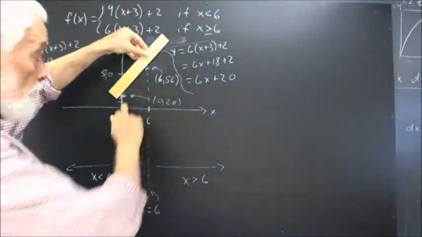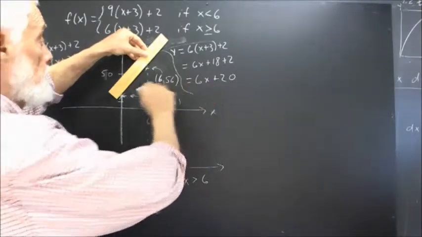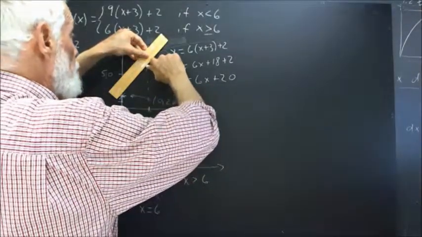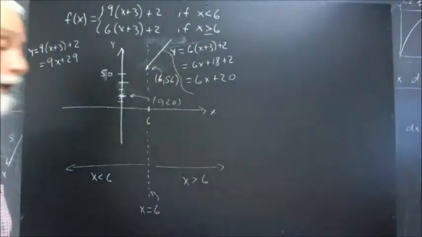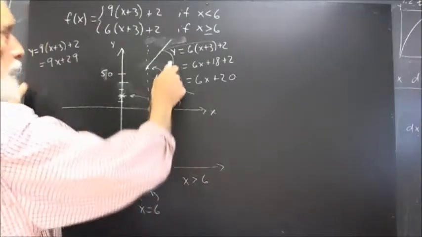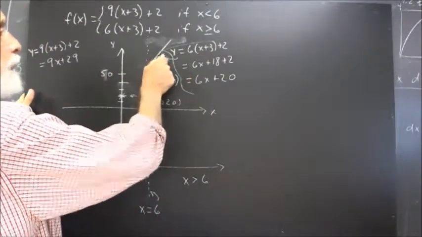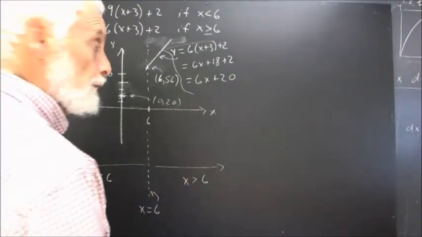I don't want to draw a line on this side of x equals 6 because this function doesn't apply on that side. So I can sketch a straight line here, and that's going to be the graph of this function for x greater than or equal to 6.